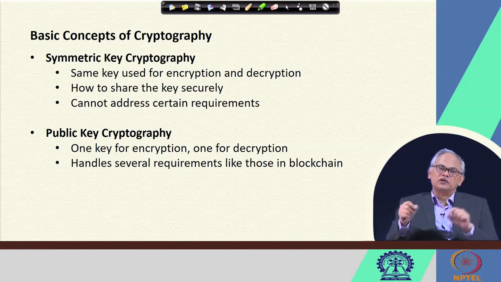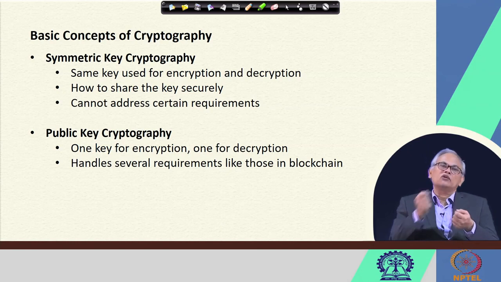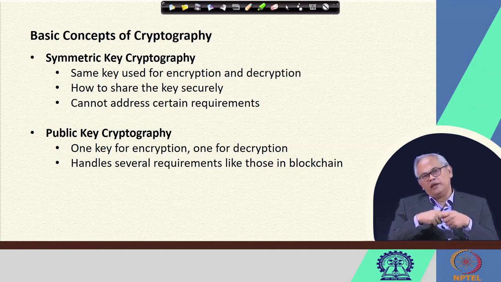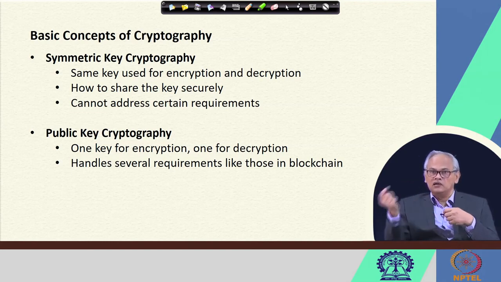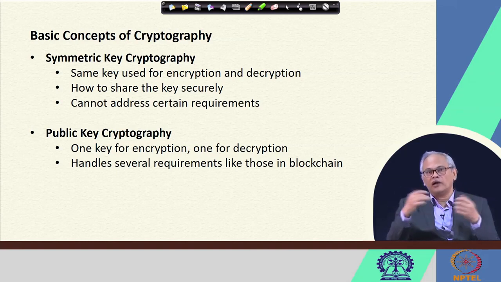So, the cipher text corresponding to the plain text will actually go from A to B, and this cipher text will be such that any adversary who can see the cipher text cannot figure out what the plain text is, but the intended receiver will easily be able to get back the original plain text from the cipher text.